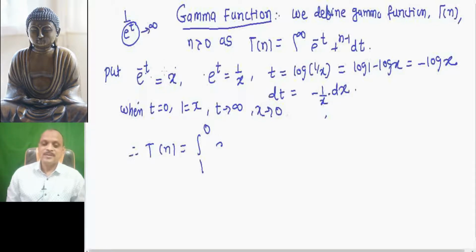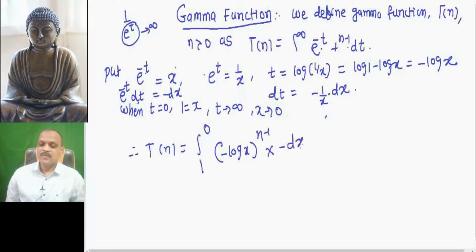So e raised to minus t into dt equals minus dx. Here t raised to n minus 1 means we have minus log of x, whole raised to n minus 1, and e raised to minus t into dt equals minus dx.